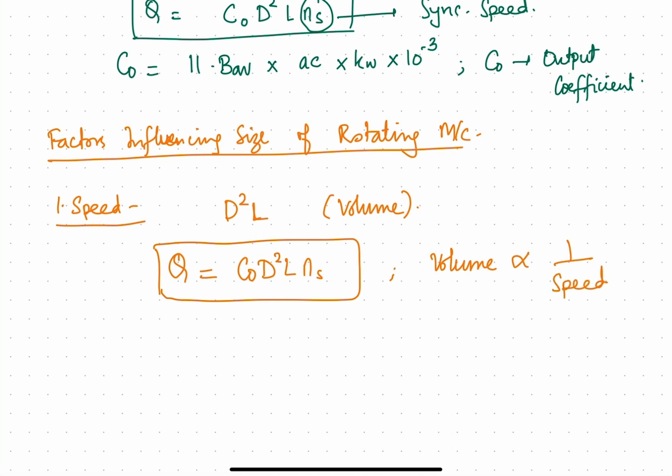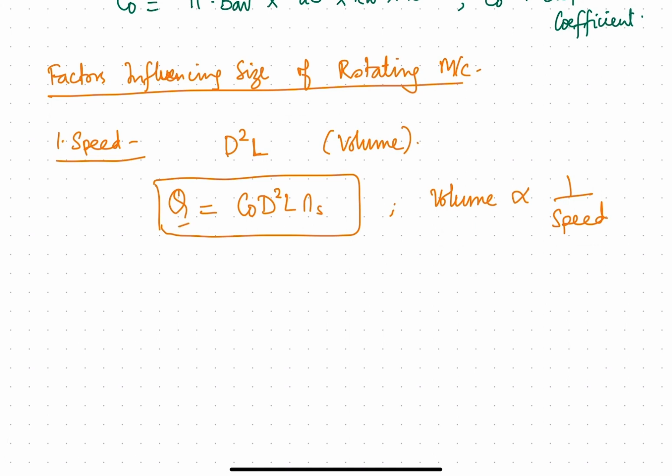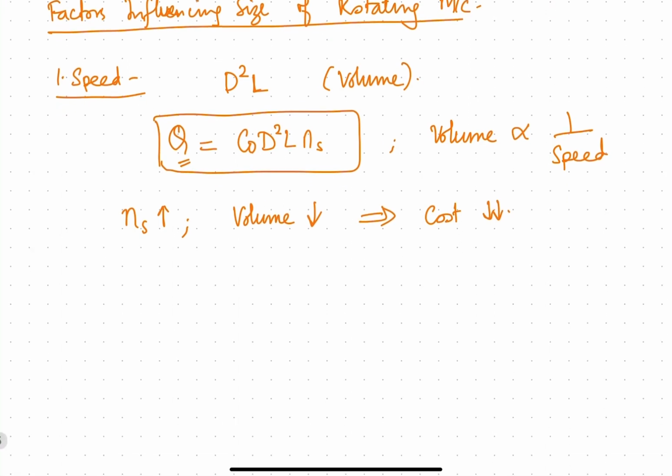What does that mean? For the same output, the machine with higher speed will have a lower volume, and hence when the volume is lesser, the cost of this machine is less in comparison to another machine where this ns is low, which translates to a higher volume and higher cost.